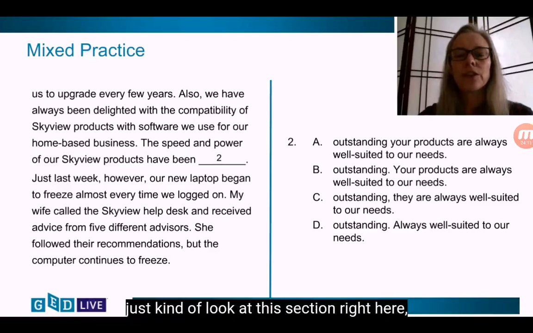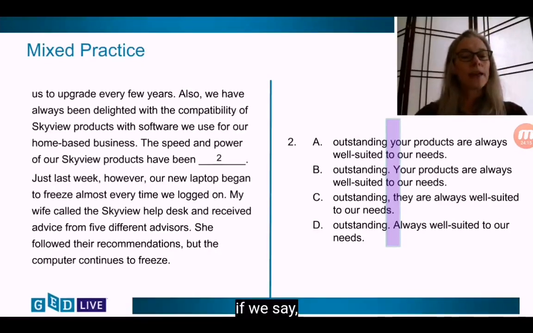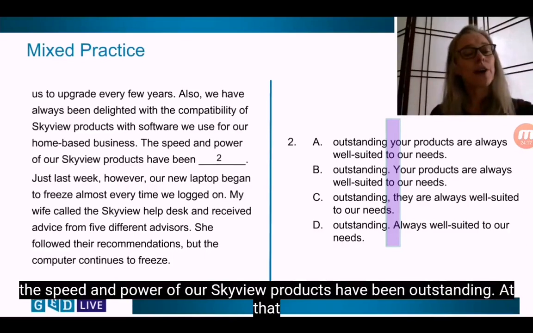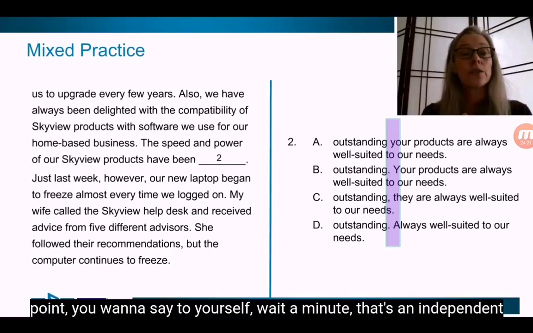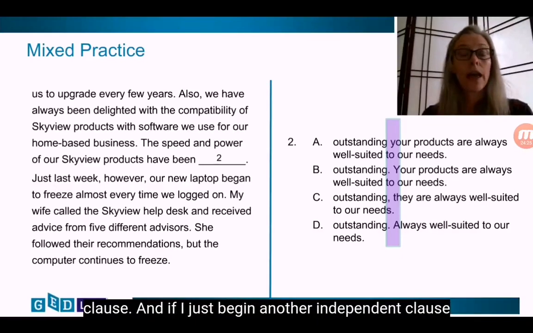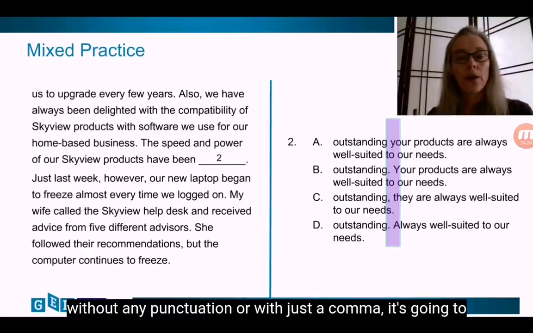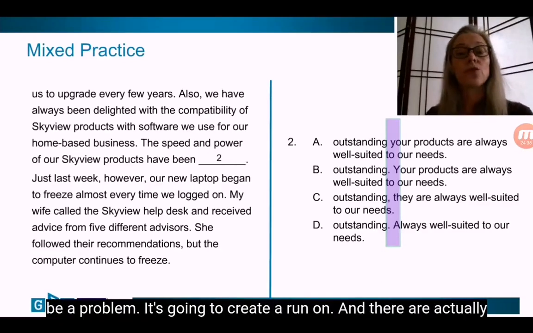So if we just look at this section right here, if we say the speed and power of our Skyview products have been outstanding, at that point, you want to say to yourself, wait a minute, that's an independent clause. And if I just begin another independent clause without any punctuation or with just a comma, it's going to be a problem. It's going to create a run-on.